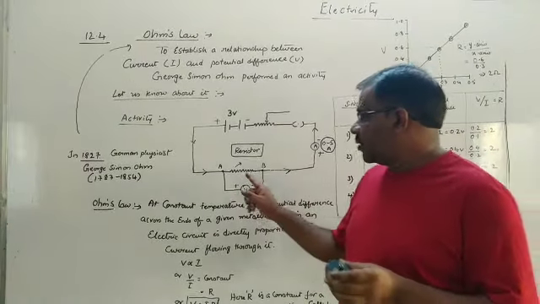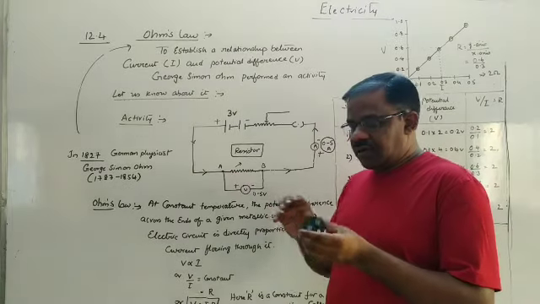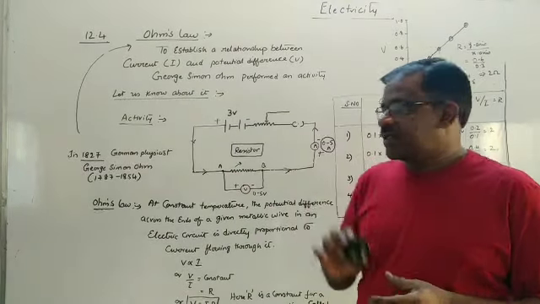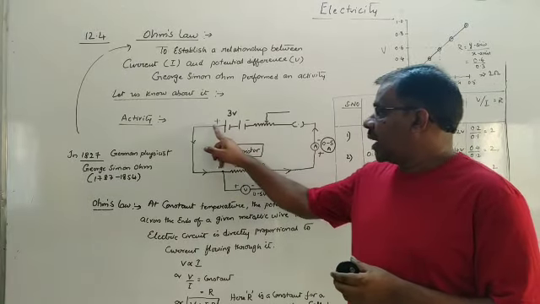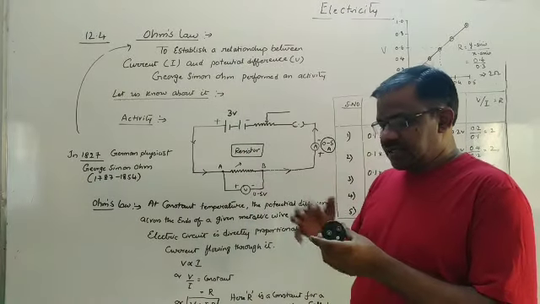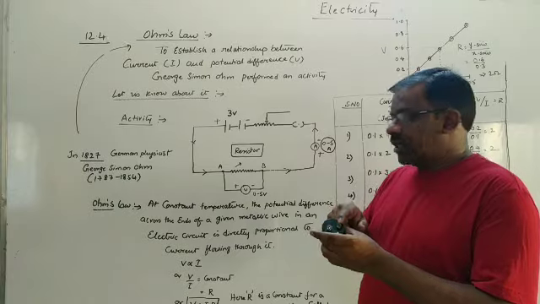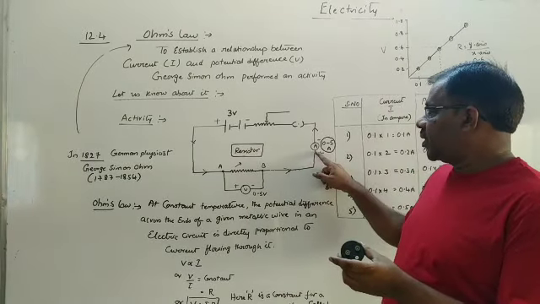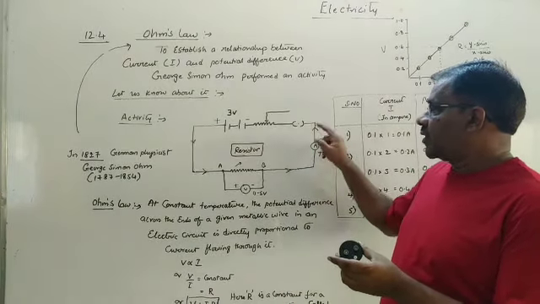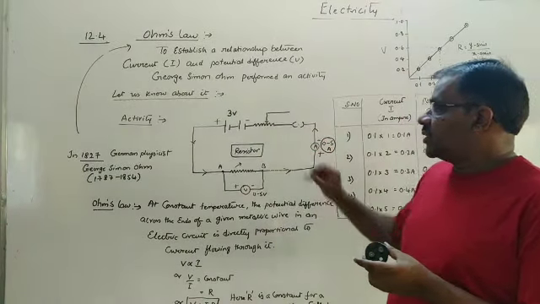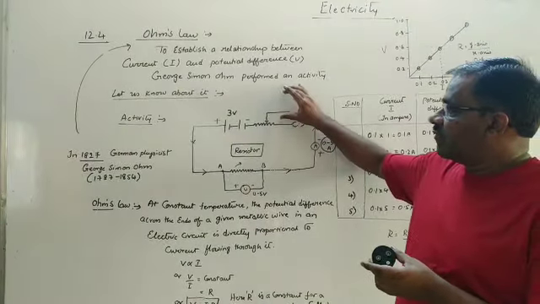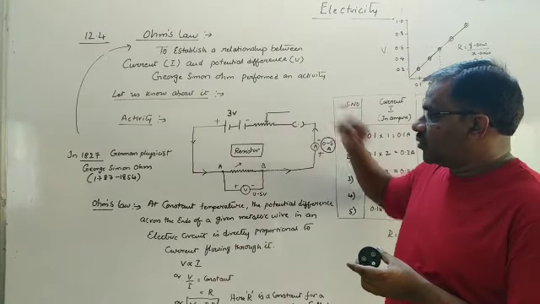So he wanted to find out the resistance offered to the flow of current by this resistor. He connected the battery positive to one end of the resistor, and to the other end he connected the ammeter positive to measure the flow of current, then a switch key, and a rheostat or a variable resistance to increase or decrease the voltage.